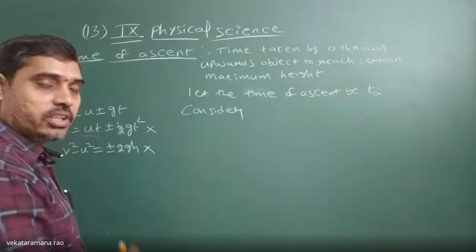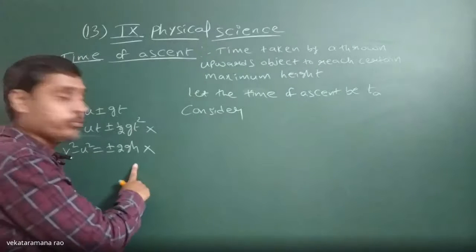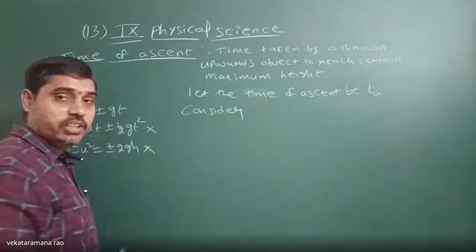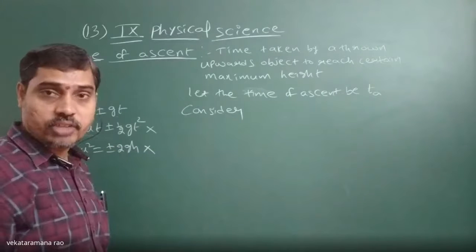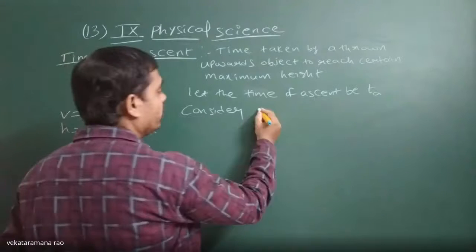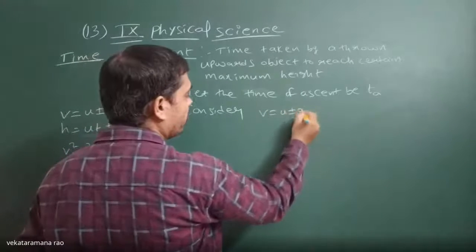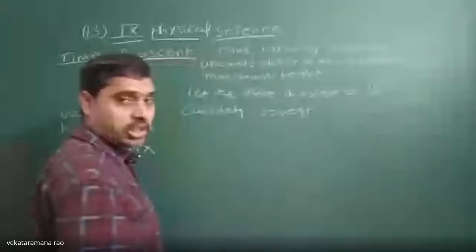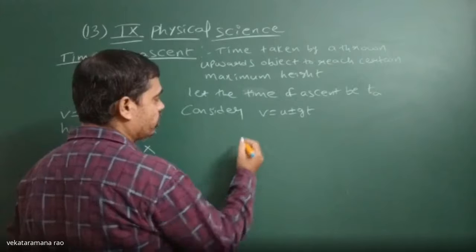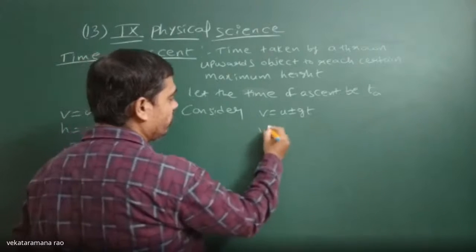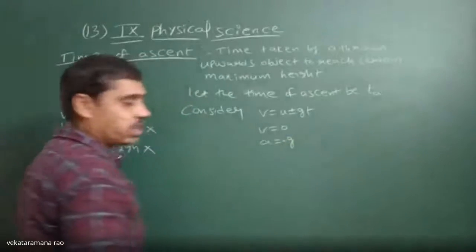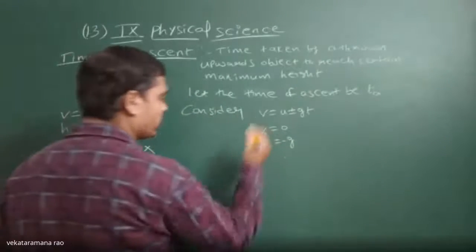Since the second needs h, and h is an unknown factor whenever we are throwing any object upwards. So consider v is equals to u plus or minus gt and try to derive. Whenever a body is thrown upwards, what are the conditions we have? V is equal to 0, a is equal to minus g. Let us substitute these conditions.